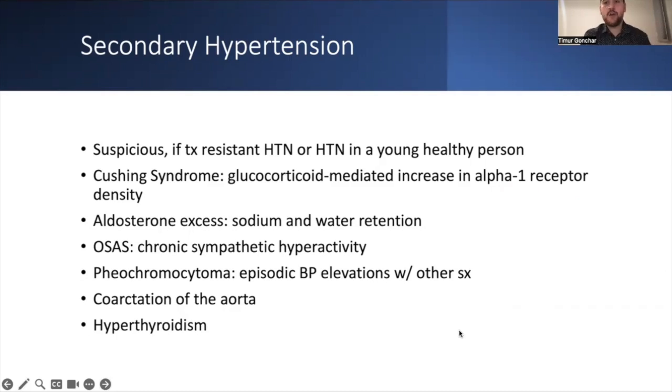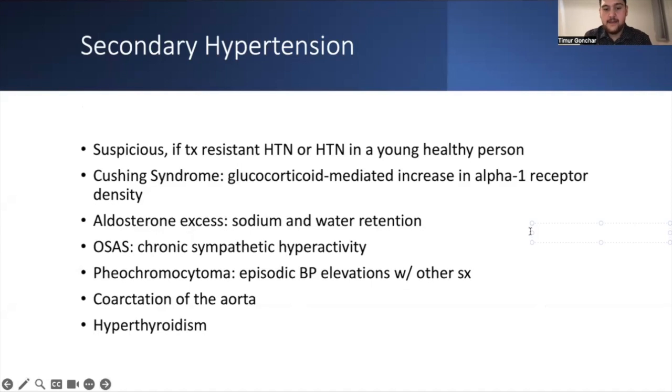Another cause of secondary hypertension is the aldosterone axis. As we all know, aldosterone is the last element of the RAS cascade, which mostly acts on the collecting tubule of the kidney, and that will result in the insertion of ENaC.